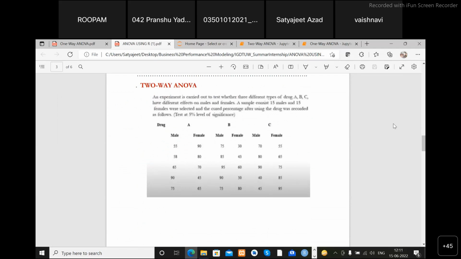Gender is one factor and drug is one factor, so there are two independent factors. Cure percentages like 55% and 90% are your dependent variable. We check whether the effects of gender and drug are significant or not.